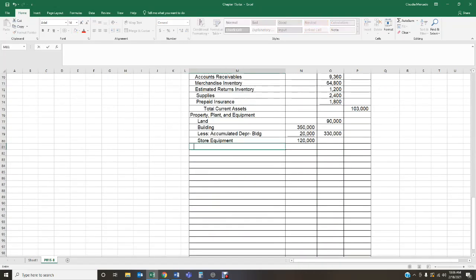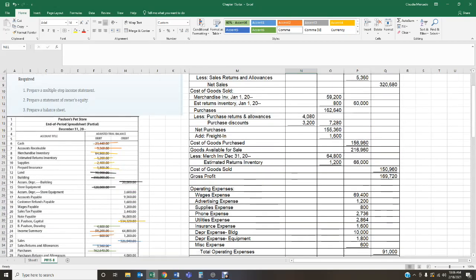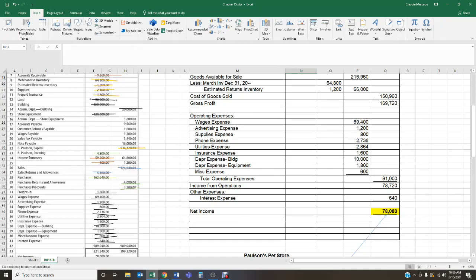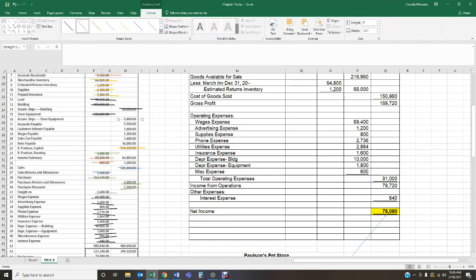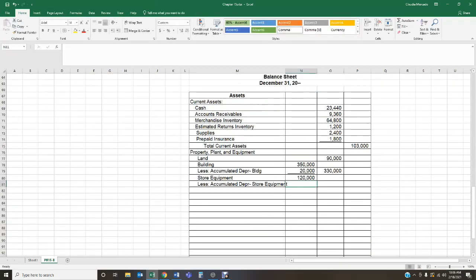What was my depreciation for the equipment? That was $3,600, right here. A $3,600 adjustment right there.